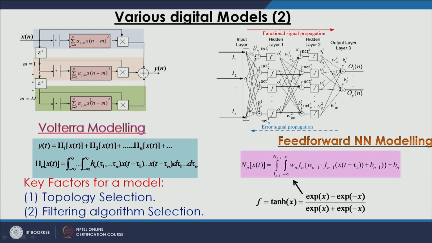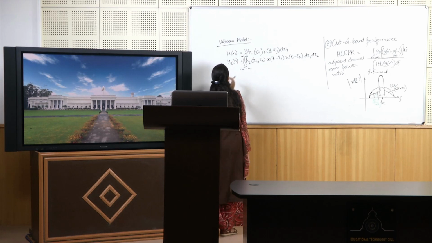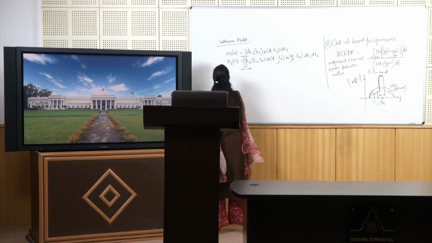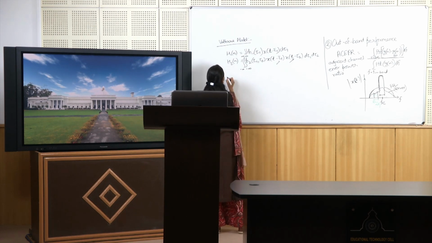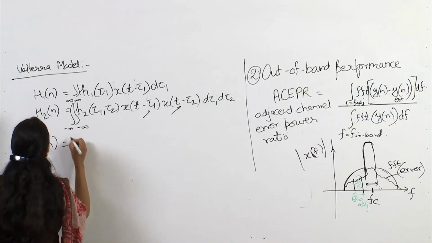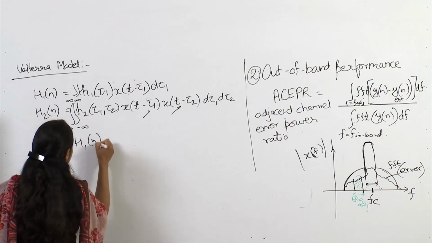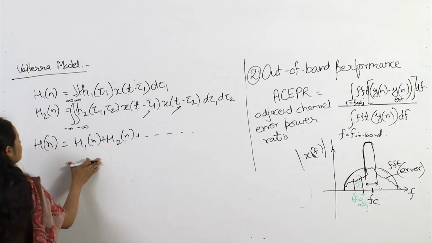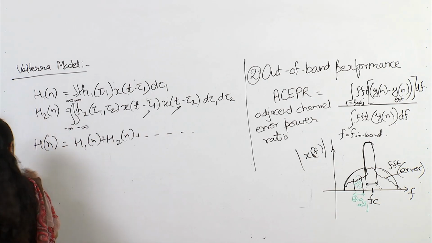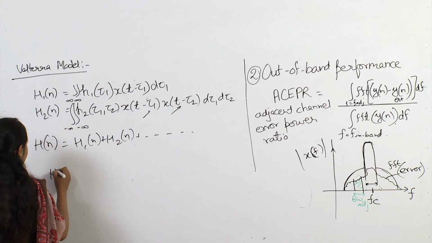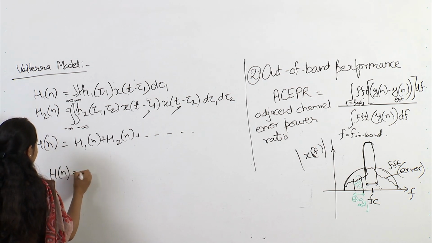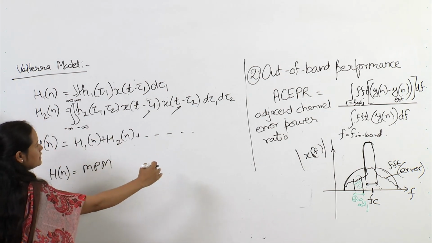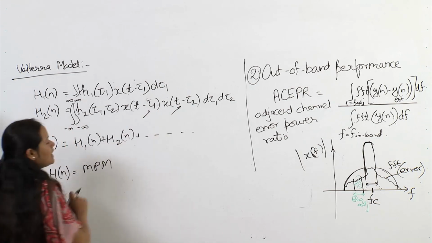So, if you go to this one and try to simplify this, then instead of using different delay terms in the multiplication, because eventually your Hn will be a summation of this one, h1n plus h2n and so on, they have simplified this term. Instead of using this one, this Hn is represented as a memory polynomial, only diagonal terms are being taken. So, no multiplication of these two terms will be happening there.